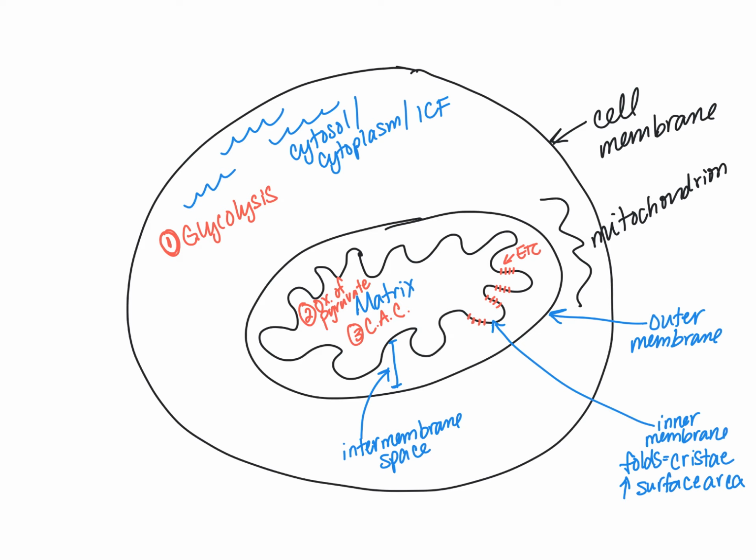For that fourth one, you have materials going from the matrix out to the intermembrane space, but then other stuff going from the intermembrane space back into the matrix. And so oxidative phosphorylation happens across the cristae, I'm sorry, across the inner membrane of the mitochondria.